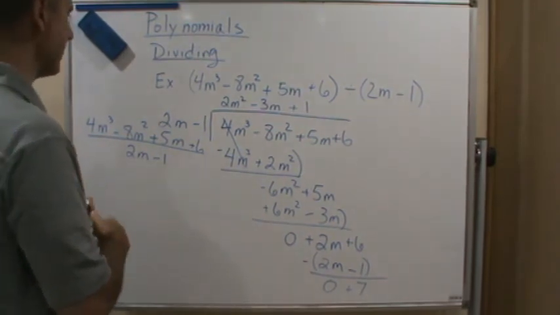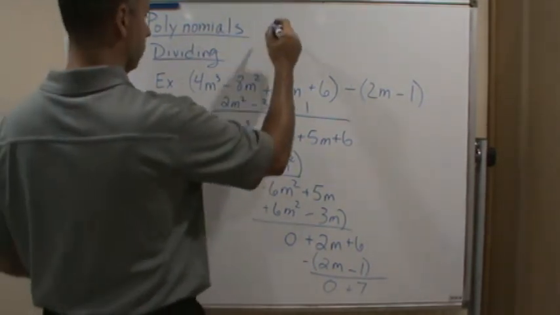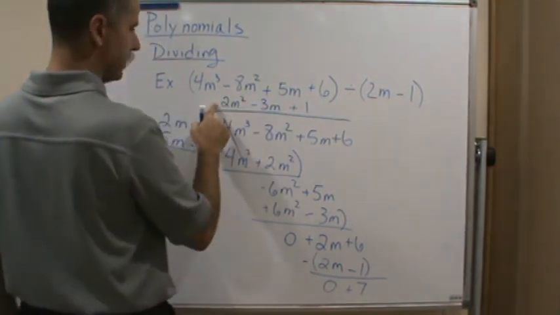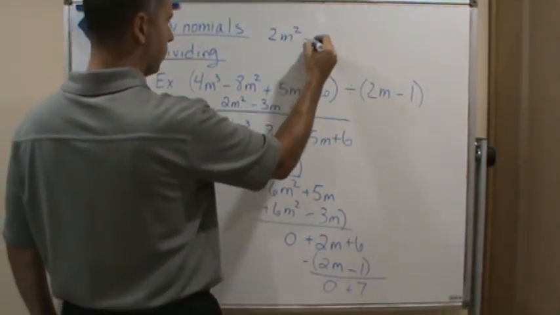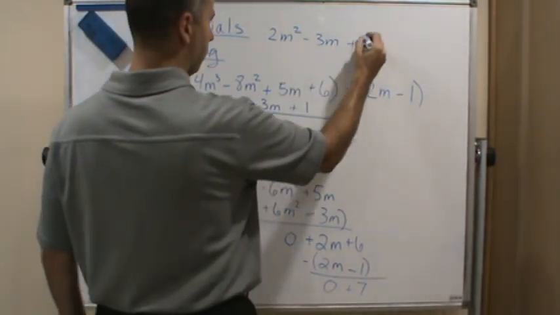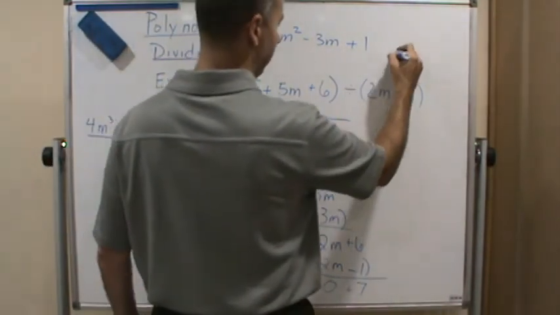That's what we're doing. So what does that equal? Hold on a second. So this is the quotient. So the quotient is 2m squared minus 3m plus 1, and the remainder is 7.